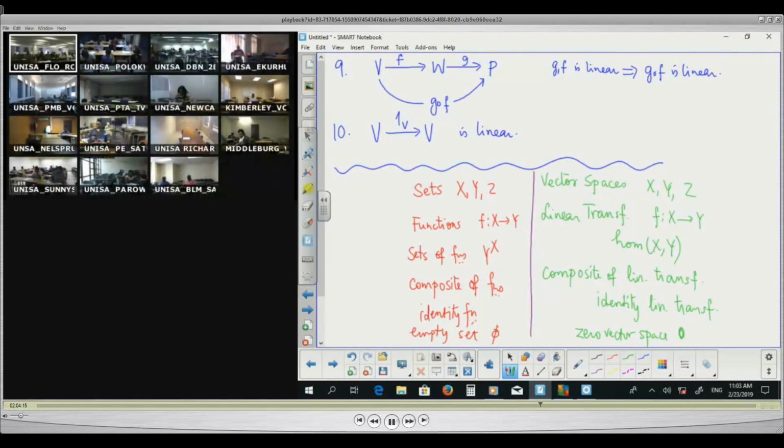We saw intersection of subsets. We will see what the intersection of subspaces is. We saw union of subsets. We will see it over here. What is it? And so on. We have this analog every time in our mind. So if you understand one of them, you shouldn't have problems understanding the other.